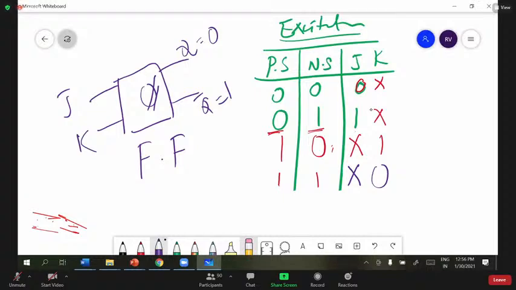So previously the stored data is like this. Now I am changing it. I gave this as 1 and this as 0. Then immediately what is the result you can get? This is the previous state, otherwise the present state. What is the next state when you give the inputs like this?